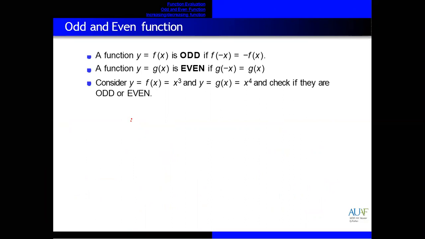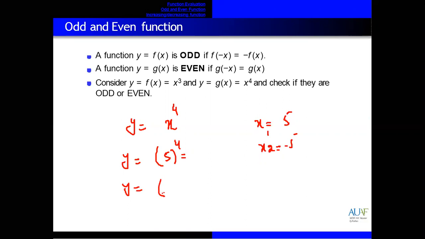Y is equal to, like we have x power 4. So selecting two numbers like x1 is equal to 5, x2 is equal to minus 5. So y is equal to, for x1, we have plus 5, correct, and y is equal to minus 5 power 4. So both will give you the same result.